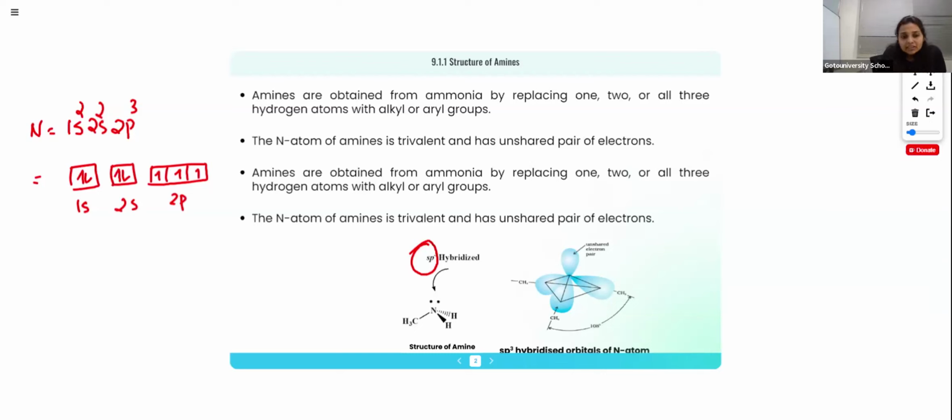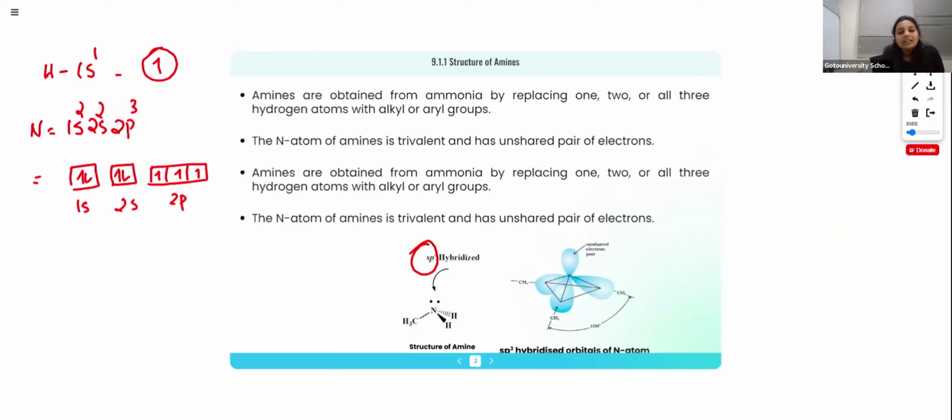Hydrogen has 1s1 configuration. We know hydrogen is 1s1, so the 1 electron present in hydrogen is in the s orbital, right? The s orbital has a spherical shape. Before making a bond with the hydrogen, what will happen?